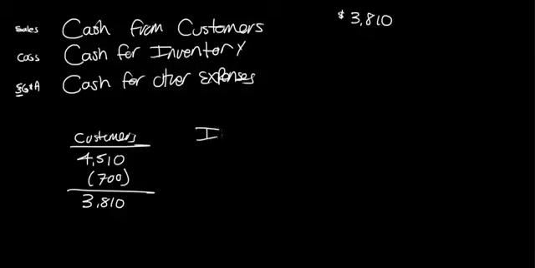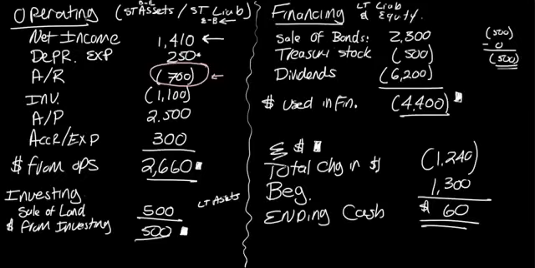So let's then look at the inventory account. And again, I know I calculated the cost of goods sold without the depreciation, but I think we can take a shortcut here and pull the cost of goods sold number right from the income statement, and then flip back to our indirect method.